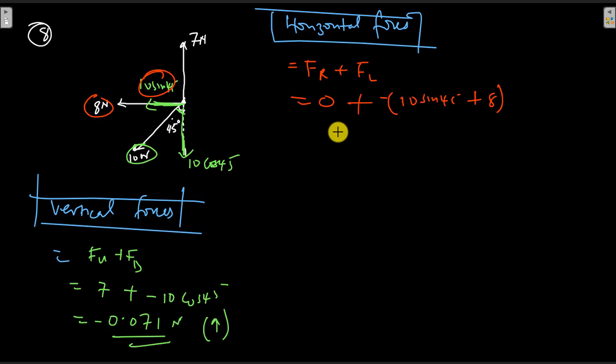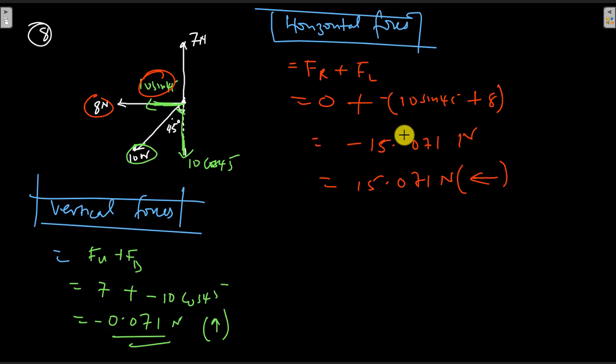So our total force in this case is going to be 8 plus 10 sine 45. It's going to be negative 15.071 newtons. That's to the right, because all forces to the right are, by convention, negative.